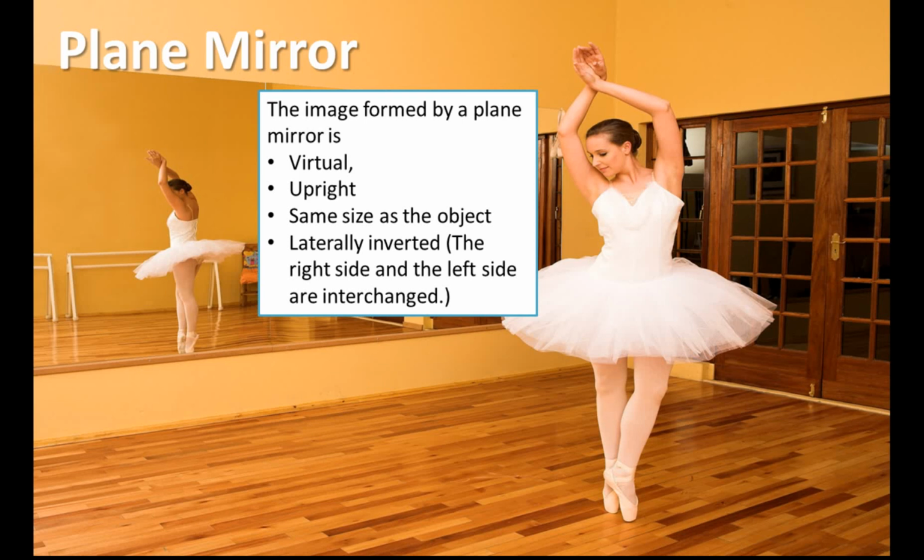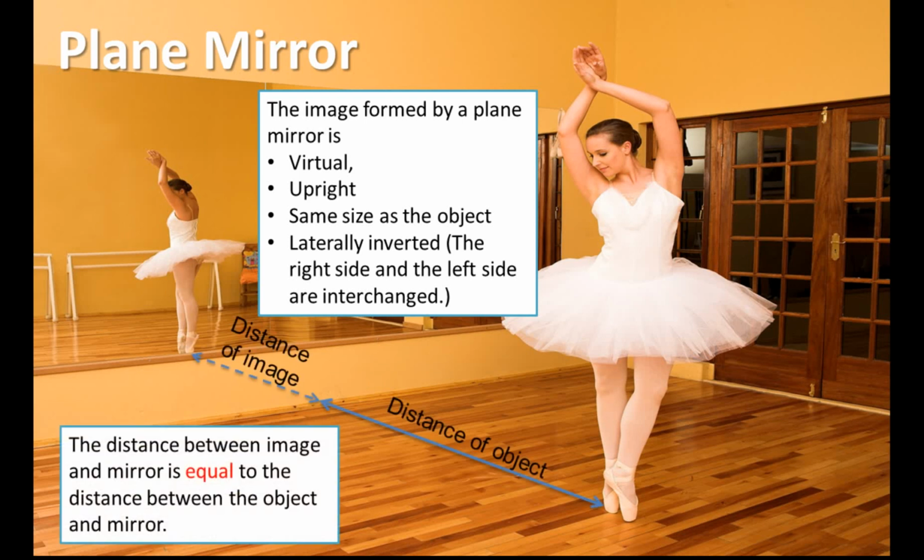Now, another thing that you need to know about the image formed by plane mirror is the distance of object and distance of image. Distance of object is the distance from the object to the mirror, and distance of image is the distance of this image to the mirror.